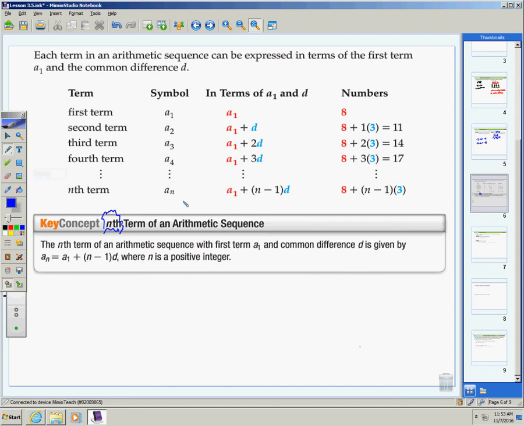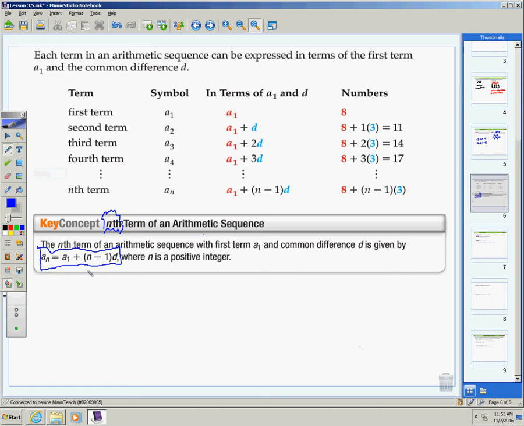So what we can actually do is we can take this general pattern. Notice I just keep going up by 1d every time. I add another term. I add another common difference. So we can actually use that to get this general formula for an arithmetic sequence. And you're going to need to memorize this.